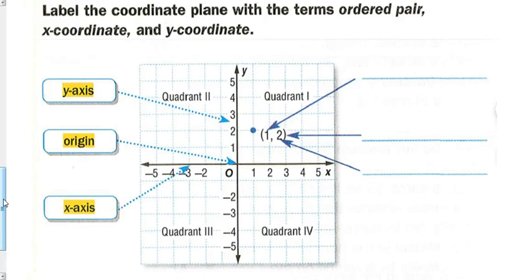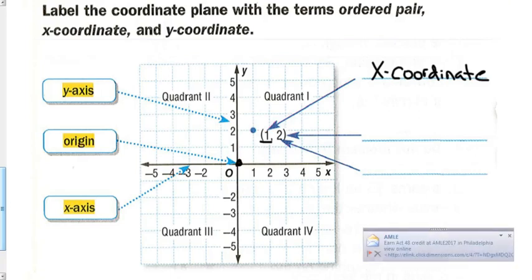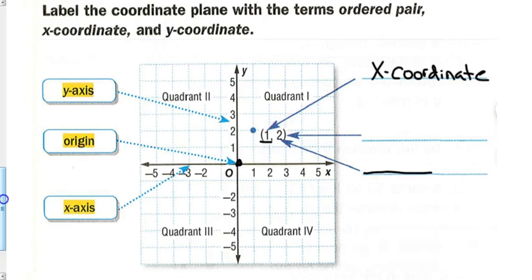That first arrow up at the top is pointing at the 1. That is our x coordinate. It's telling us how far left or right we should go from the origin. So we start at the origin 0, 0. We go to the right 1 because it is positive 1. All right, I'm going to skip down to this third blank right here. That's pointing at our y coordinate.